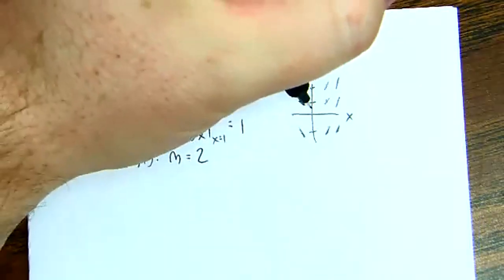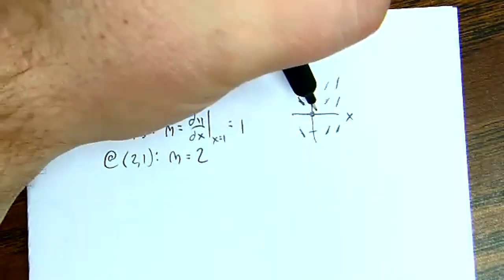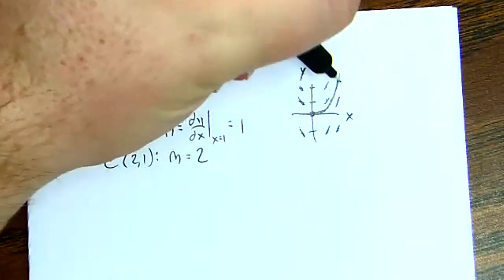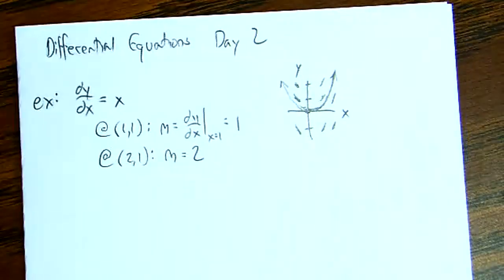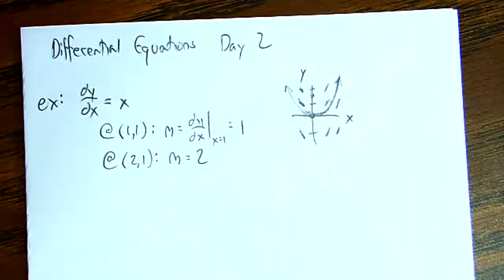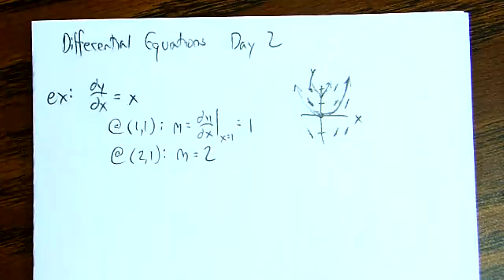We can imagine if I started, say, here, then the equation itself might look something like that. But we could also start here, and we would still have an idea about what the solution curve looks like here.